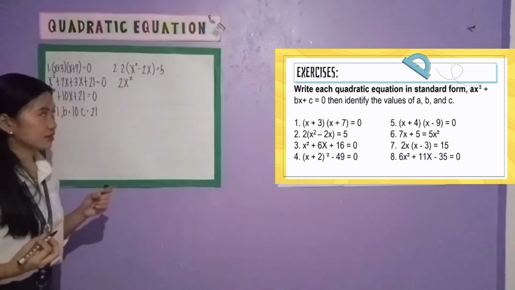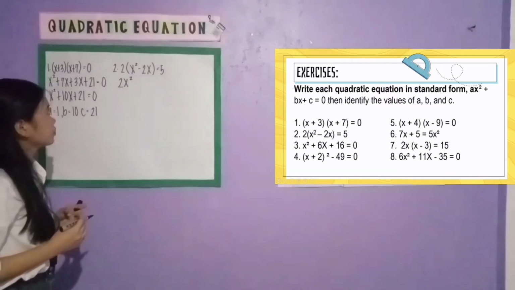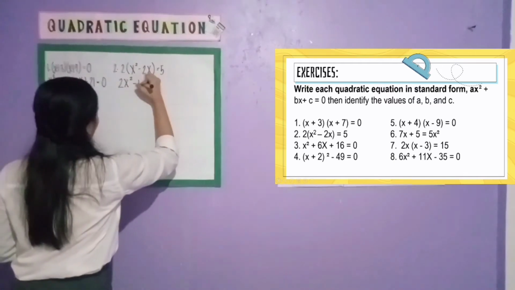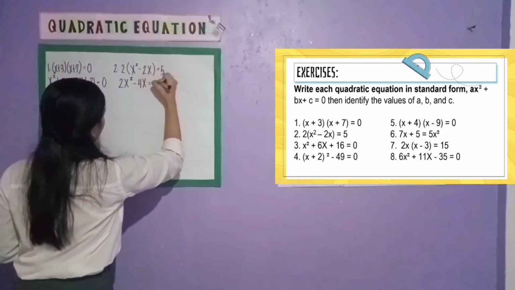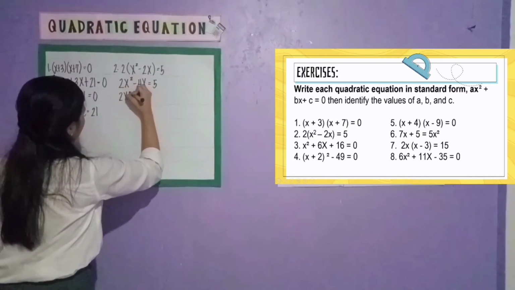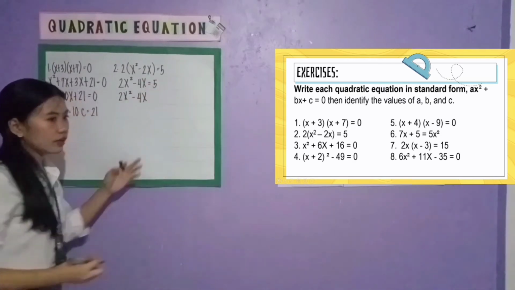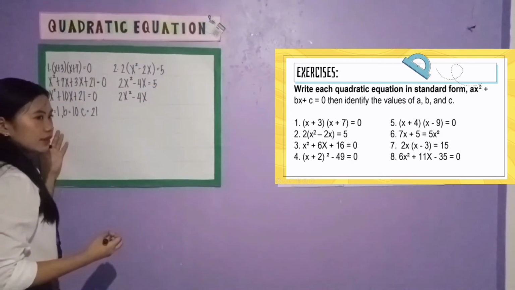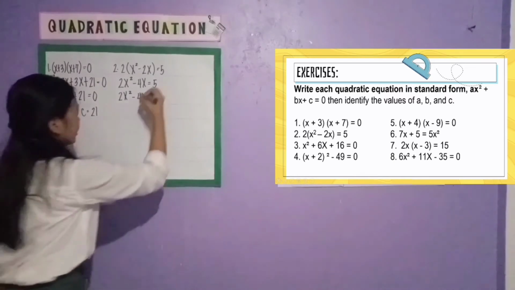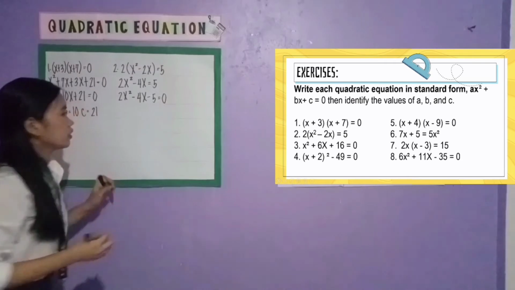Then 2 times negative 2x, it will be negative 4x. Then copy positive 5. 2x squared minus 4x. Move 5 to the other side. It will be negative 5 is equal to 0.